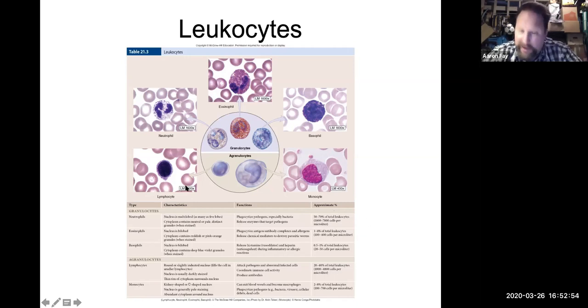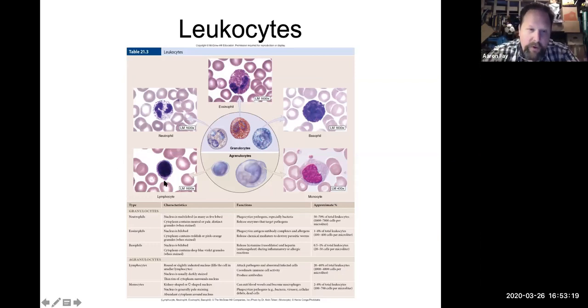Now our agranulocytes, we have a lymphocyte. Lymphocytes are fairly easy to identify because they're about the same size as red blood cells, but they have an enormous nucleus. In fact, this one has a relatively small nucleus. Oftentimes, you won't even see cytoplasm. You'll just see the nuclear membrane and then the cytoplasmic membrane right on top of it. You won't even see the difference between the two.